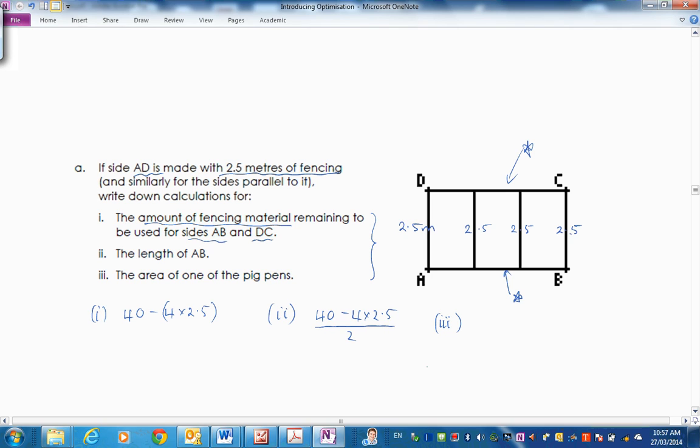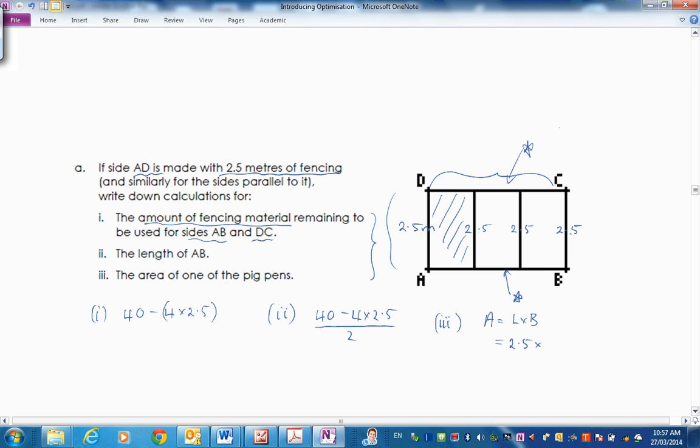Okay, now the area. What's the area? The area of a rectangle is length times breadth. So here, let's actually call this the length. It's 2.5 by this length here. Oh, that's the whole thing. Oh, we only want what? We want 1 pig pen.